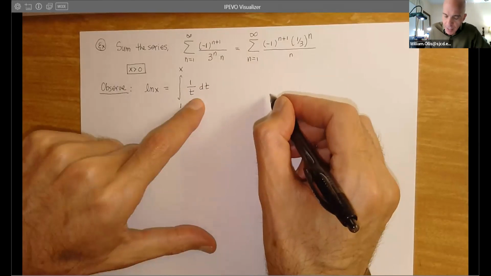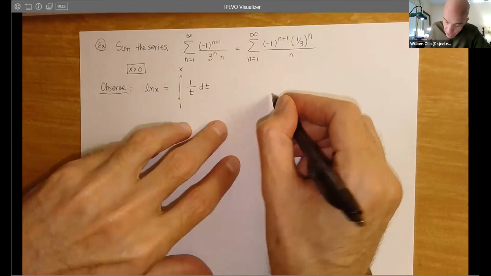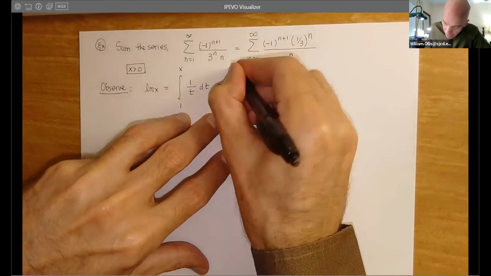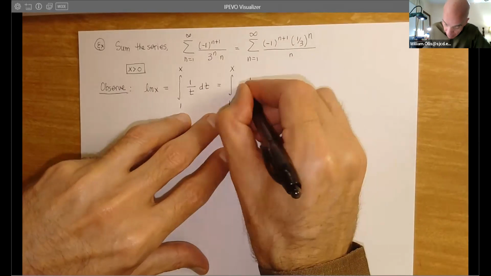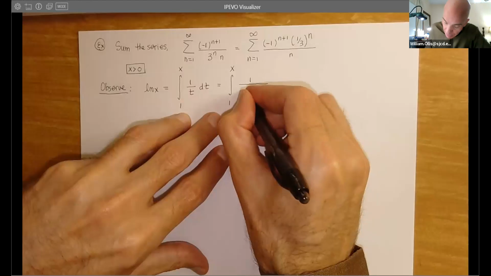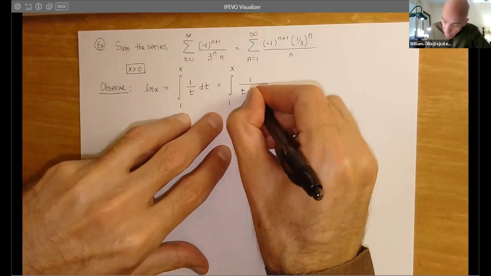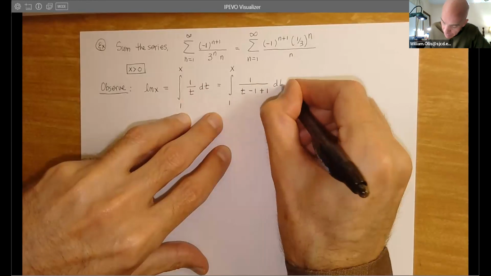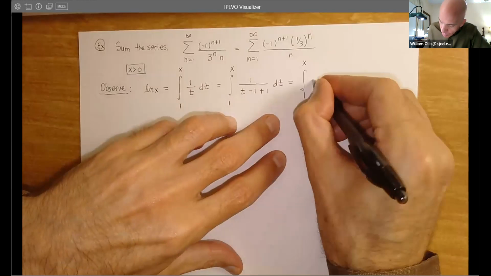So you look at this and say, well, we can rig this too, because we can make this geometric. So let me show you the rigging. We get 1 to x, and we're going to add and subtract 1. So we're going to do something like this, t, and a -1 and a +1. I could have done this separately, but let's just work it out this way.